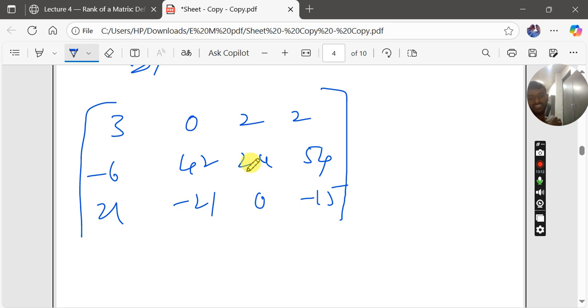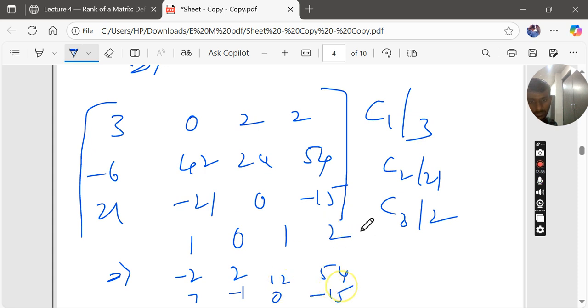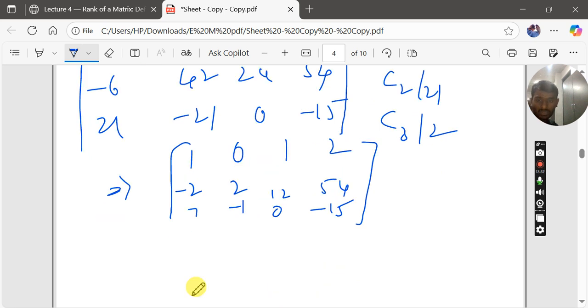Here nothing is there. So what I will do is C1 by 3, C2 by 21 and C3 by 2. So what I will get: 1, minus 2, 7, and 0, 2, minus 1, 1, 12, 0, 2, 54, minus 15. Now my matrix is reduced into single digits.